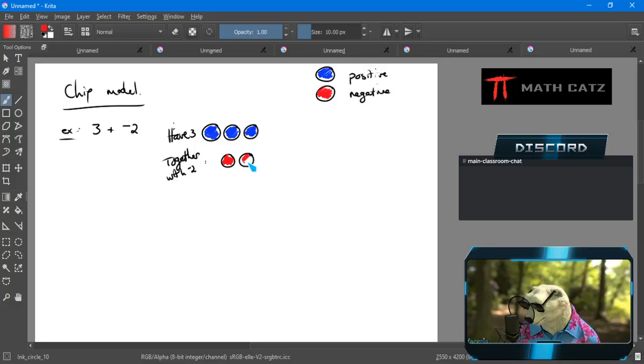And the intuitive instructions for addition is to just pool all this together. All together, I have this much. That's what I have. But I can clean this up a little bit.